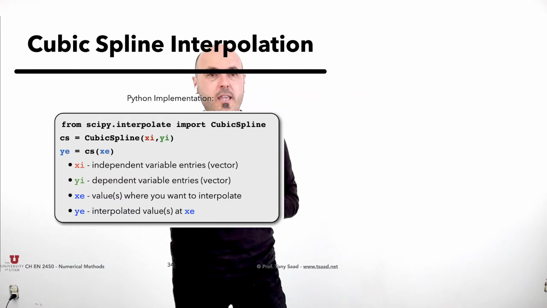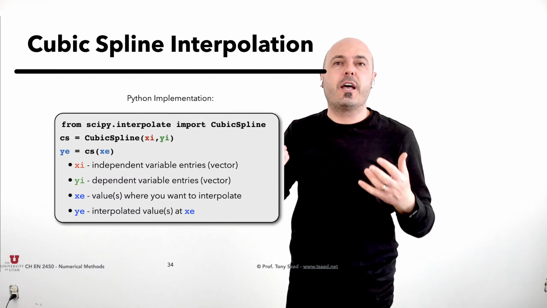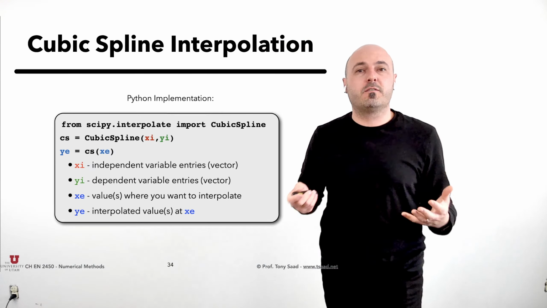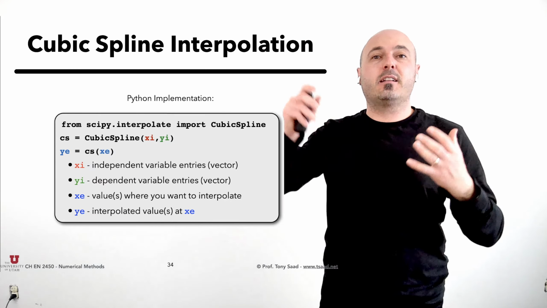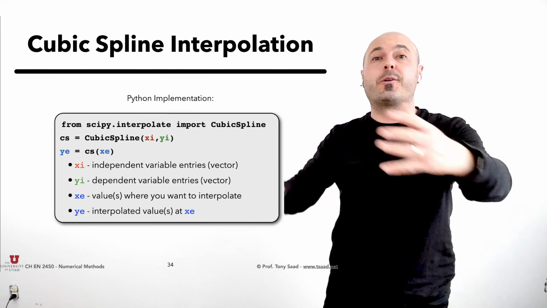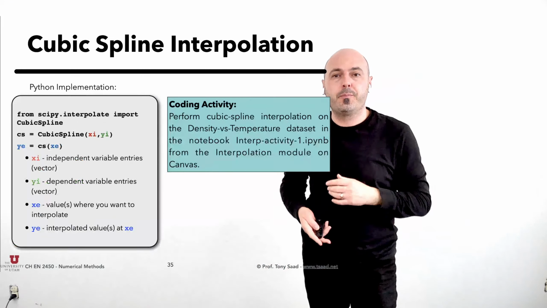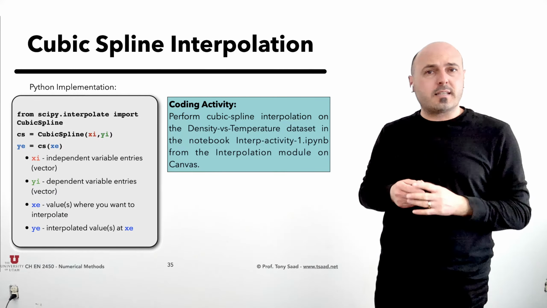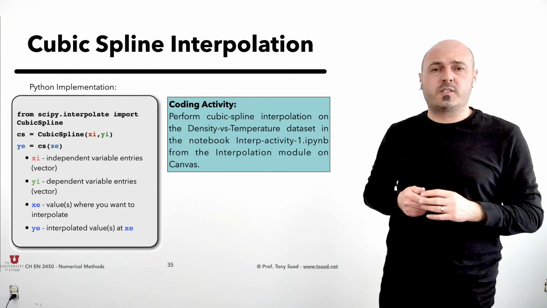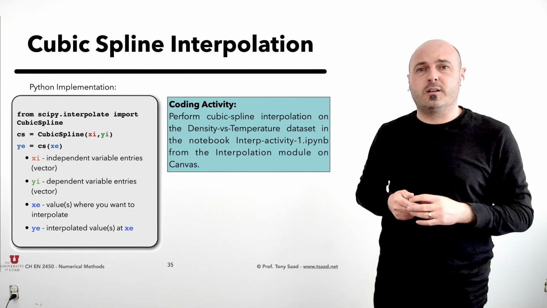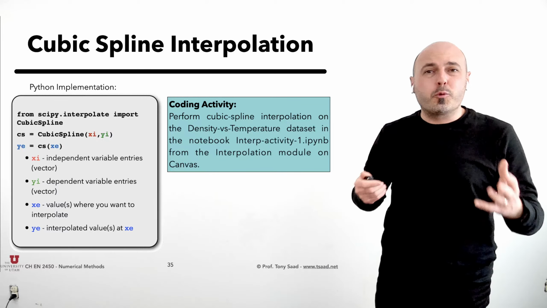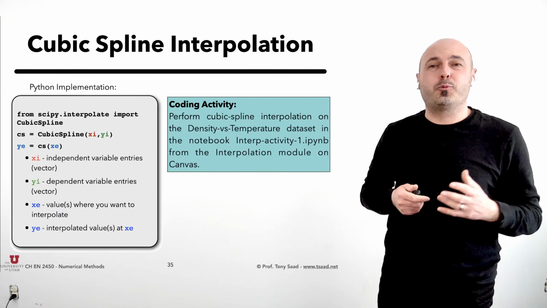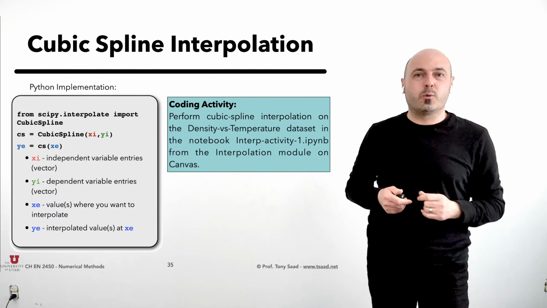So ye equals CS of xe gives you the interpolated value using splines at the point xe, or the array of points xe. Now we're going to continue our coding activity and do the last activity with splines, with that interpolant notebook. I will see you on Zoom.